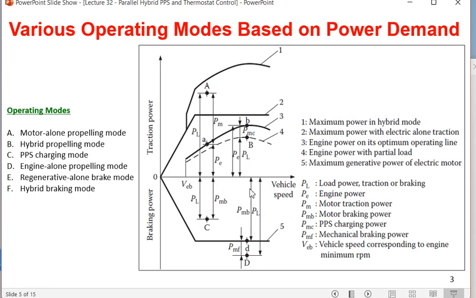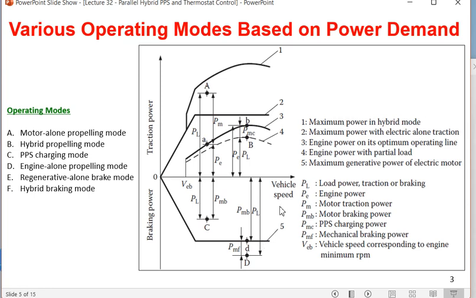PMB is the brake power given by the motor, but the demanded brake power at D is very high, which has crossed the PMB max limit. So who is going to supply the extra braking power? It will be the mechanical brake. So PMB is the electrical brake, PMF is the mechanical brake. Together they produce the total brake power, which is called PL.